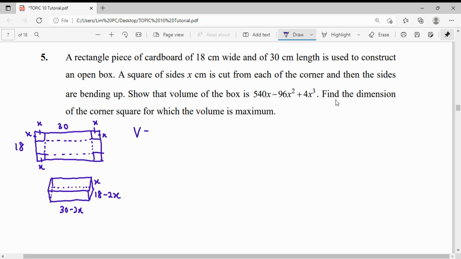The volume of a cuboid is equal to the length times its width and then times its height.